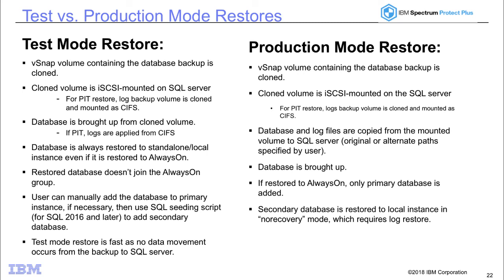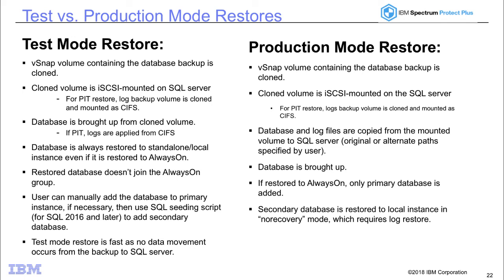Now, the primary difference for test mode is you'll note here that the database is not copied to the SQL Server machine. So a test mode restore is going to be very fast because there's no data movement involved and the database stays on VSnap.